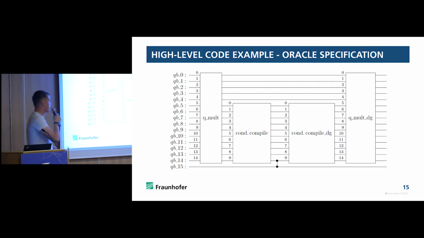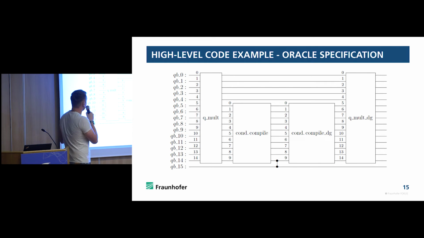Something I want to highlight here is that the qmult function requires an ancilla qubit, this one here, and because this ancilla qubit, the quantum variable required for this computation, is deleted afterwards, it can be reused. So in this case, it is reused as the condition truth value.